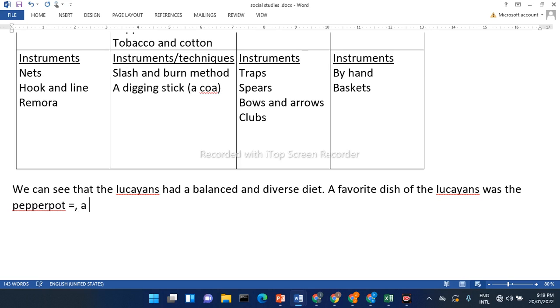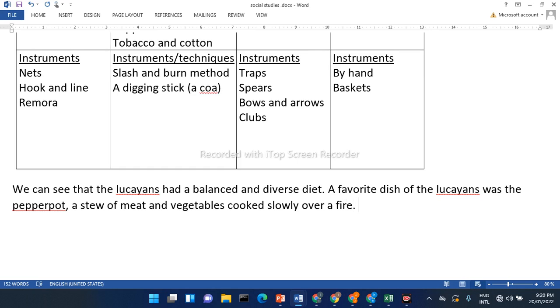This was a stew, right? So the pepper pot was a stew of meat and vegetables that was cooked slowly over a fire.